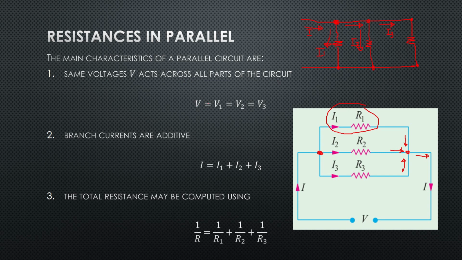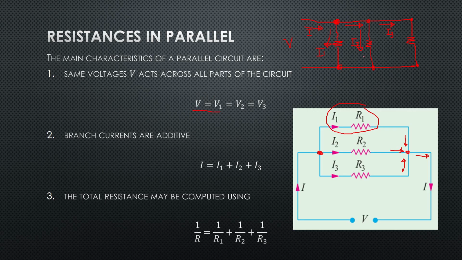That is, the total voltage V will be equal to V1, equal to V2, and equal to V3. If the voltage applied is V, from this node to that node, this gives a voltage V1 for resistance 1, but V1 is equal to V.